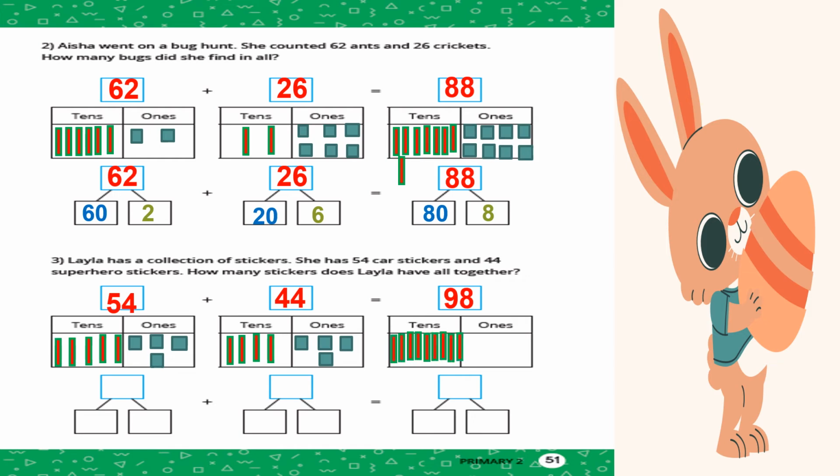How many small squares? 8 small squares. Let's decompose 54. 50 plus 4. Let's decompose 44. 40 plus 4. Let's decompose 98. 90 plus 8.